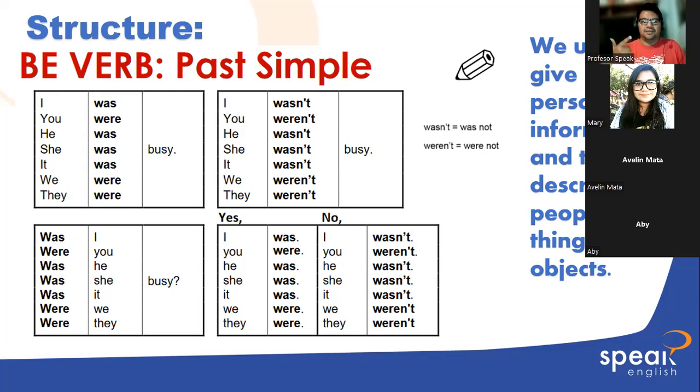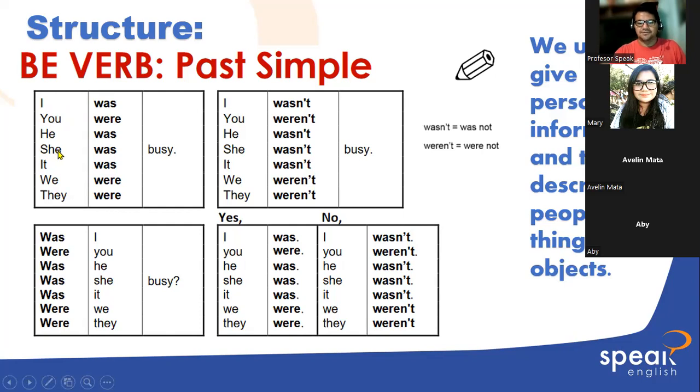You, we, they, were. Okay. So those are the two words we use, was and were. Okay.